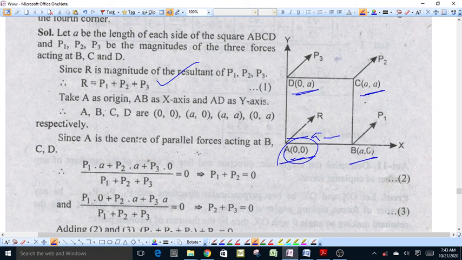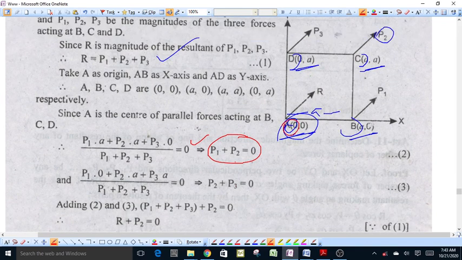Therefore, P1 x1 plus P2 x2 plus P3 x3 upon P1 plus P2 plus P3 is equal to x bar, where x bar is equal to 0. x bar is the x coordinate of the point where the resultant of all these forces acts. But here x bar is 0, therefore P1 a plus P2 a plus P3 times 0 upon P1 plus P2 plus P3 is equal to 0. From this we have P1 plus P2 is equal to 0.